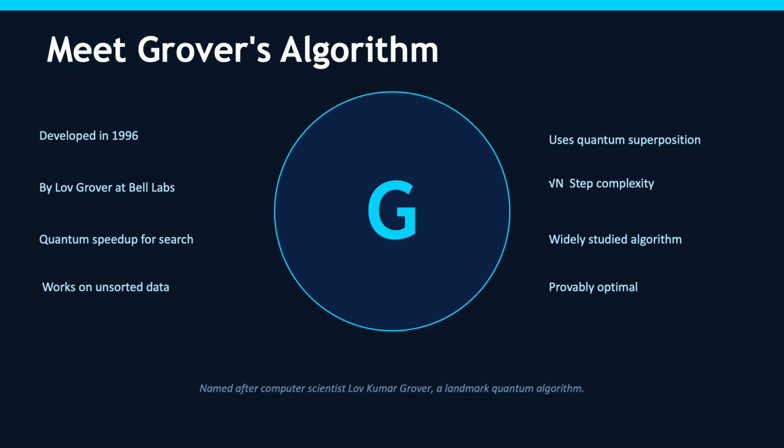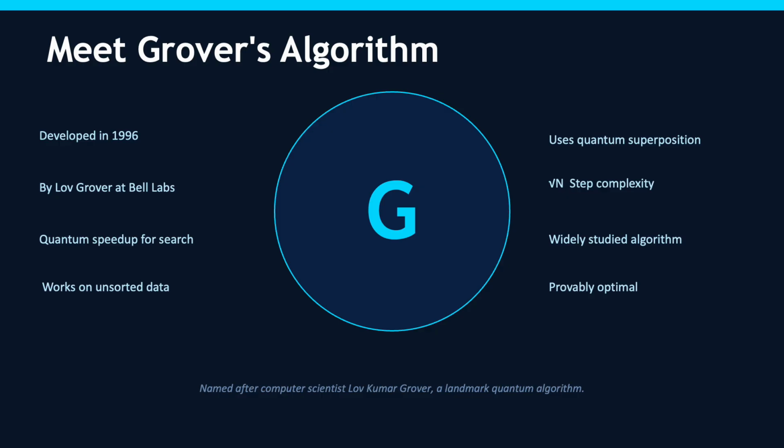It uses the unique properties of quantum mechanics, things like superposition and amplitude amplification, to find the answer in far fewer steps. The algorithm is also considered provably optimal, which means mathematicians have proven that no quantum algorithm can search an unsorted database faster than Grover's algorithm.